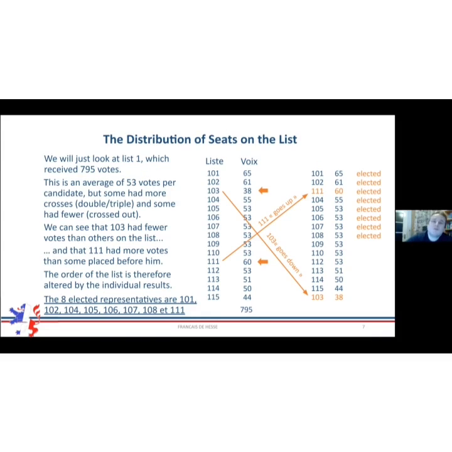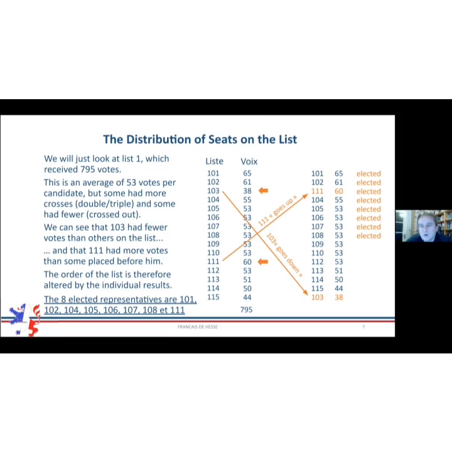So now the distribution of seats in the list. We'll have a look at list 1, which receives 795 votes. So it has an average of 53 votes per candidate, but some of them had more crosses than others. What you can see, for example, here is that 103, although it's in position 3, wasn't liked very much, got barred, got fewer crosses, and has only 38 votes, whereas 111 was very popular and received 60 crosses.